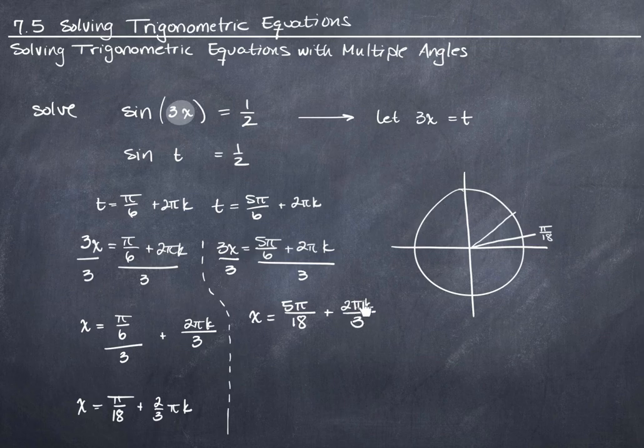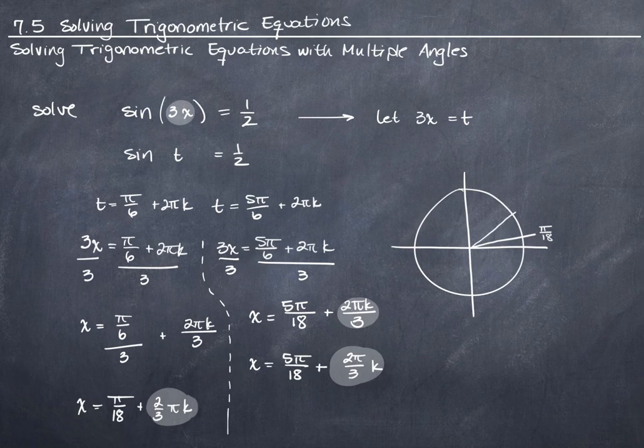And actually, if you want to, you can certainly leave this part of the answer in this form here, or you can rewrite it like this. So this answer is going to be 5 pi over 18 plus 2 pi k all over 3. You can write that as 2 pi k all over 3, 2/3 pi k, or 2 pi over 3 times k. Those are equivalent. So you can use whichever of those forms that you prefer.